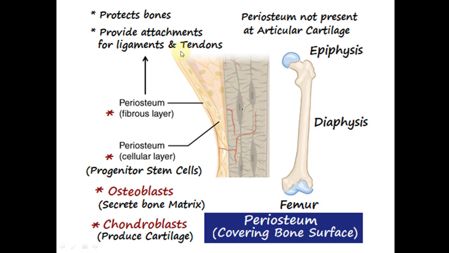This periosteum protects bones, and it also provides attachments for the ligaments and tendons. The periosteum is divided into an outer fibrous layer and an inner cellular layer which contains the progenitor stem cells, mainly the osteoblasts that secrete bone matrix and the chondroblasts that produce cartilage.